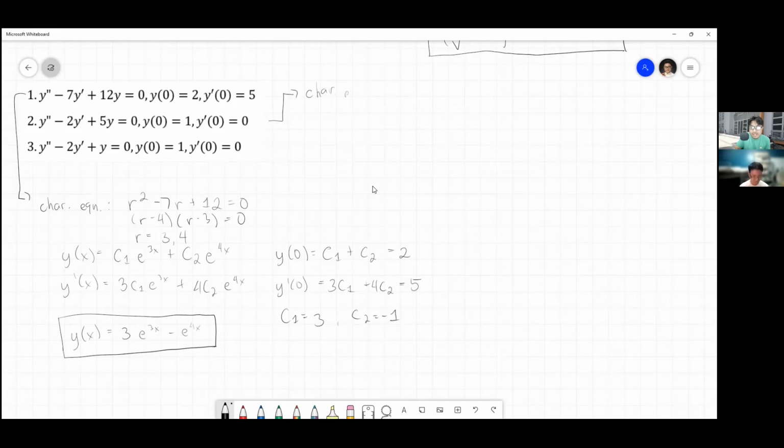Buuin natin yung characteristic equation, which is just y double prime. So magiging r squared to, tapos minus 2y prime, magiging minus 2r siya sa ating characteristic equation. And then meron tayong plus 5y. Plus 5 equals 0.